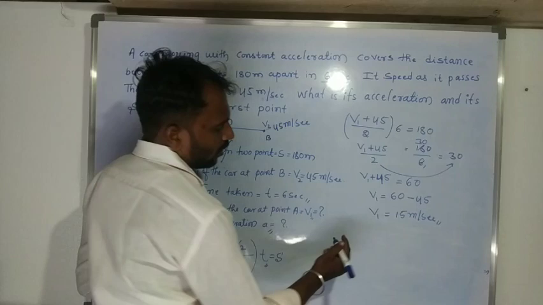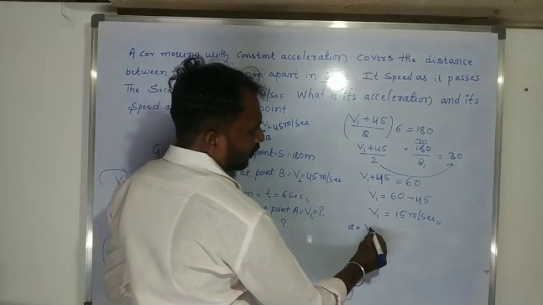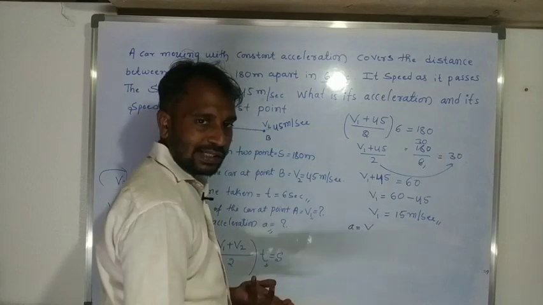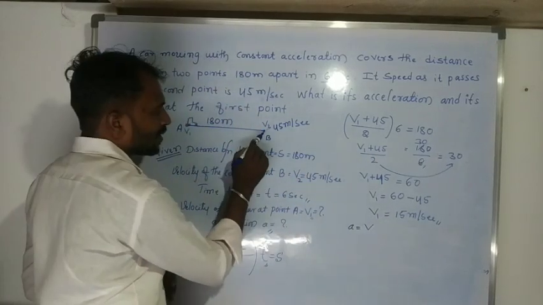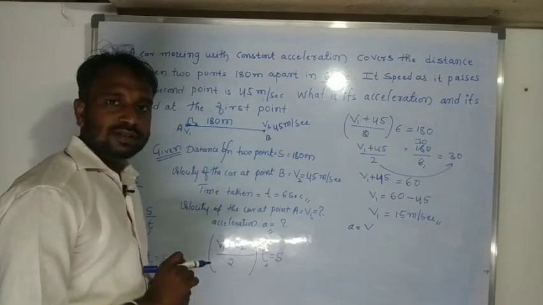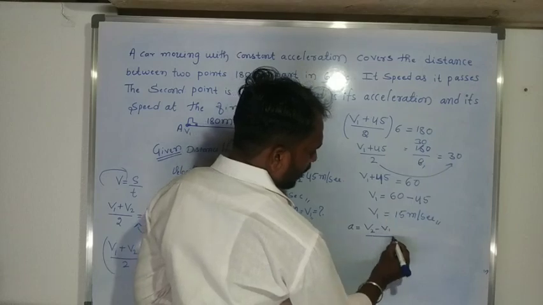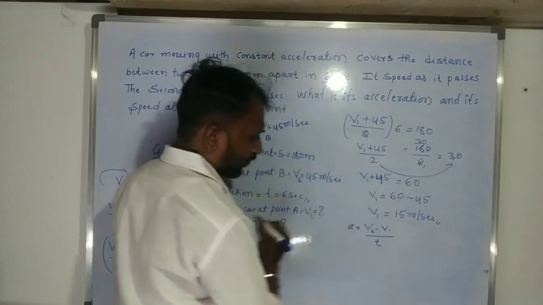Next, acceleration A is equal to final velocity minus initial velocity. The final velocity means the velocity at point B, and the initial velocity is at point A. So v2 minus v1 divided by time t.